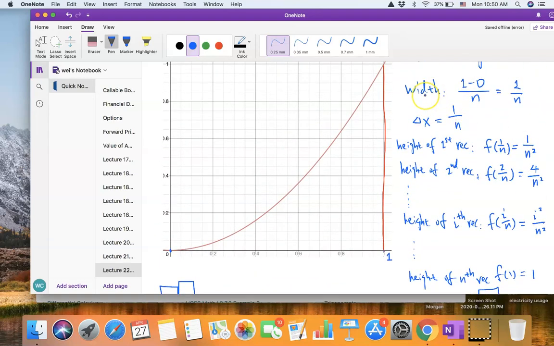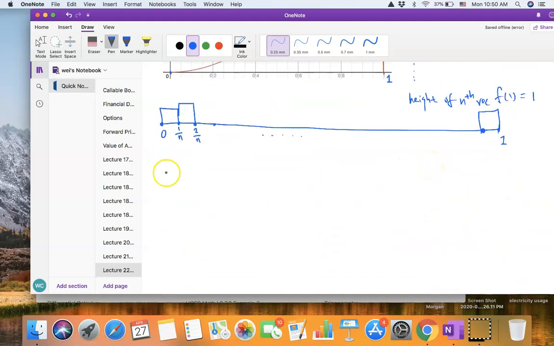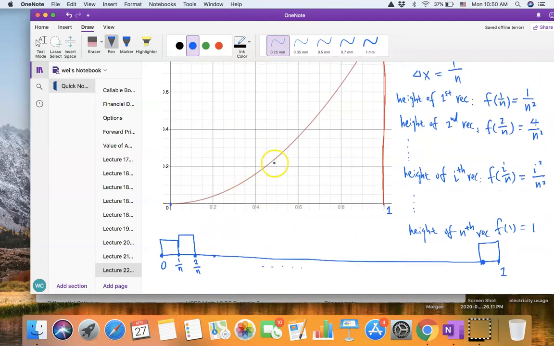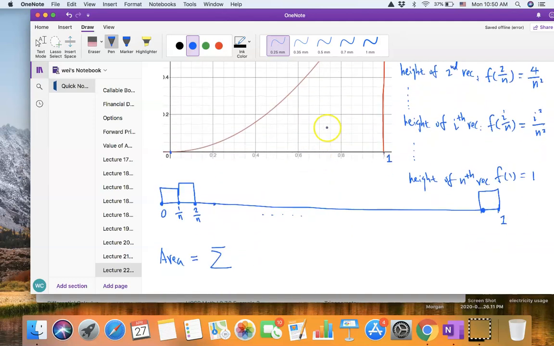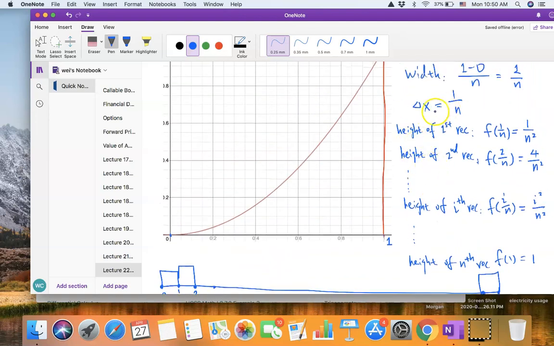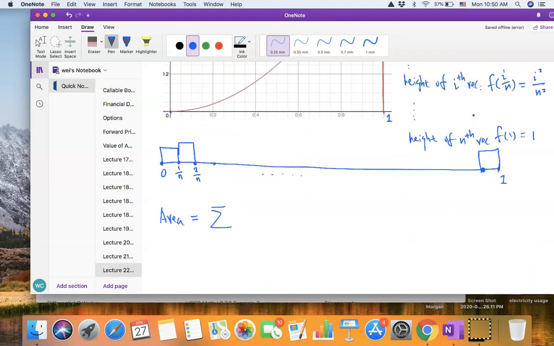After we have found the width and the height of each rectangle, the area of this bounded region can be approximated by the sum of the area of these rectangles.